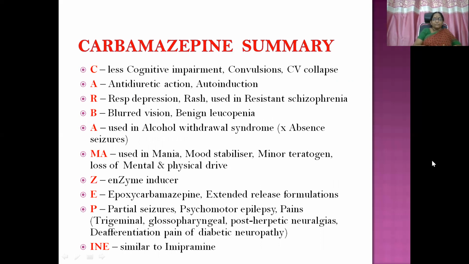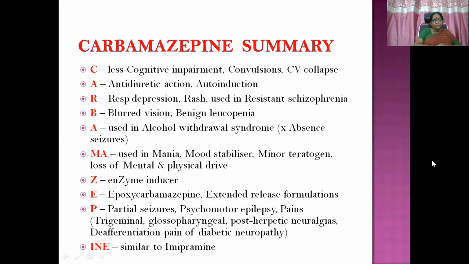Then carbamazepine summary. Carbamazepine: C for less cognitive impairment, but it also gives rise to convulsions and CV collapse. A for antidiuretic action and autoinduction. R for respiratory depression, rash, used in resistant schizophrenia. B for blurred vision and benign leukopenia.